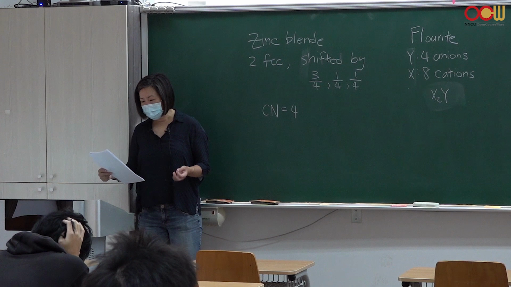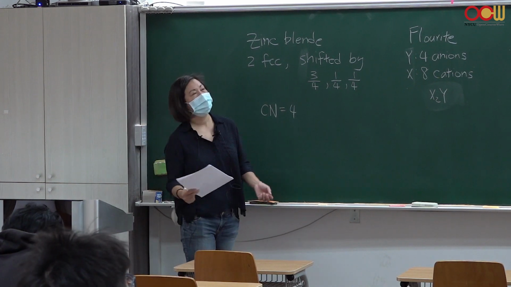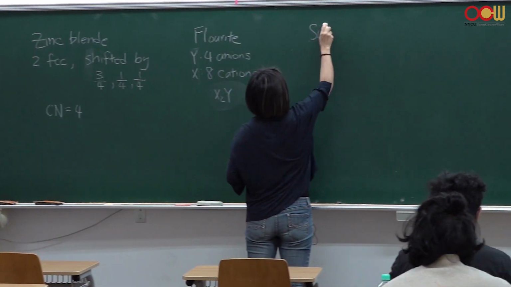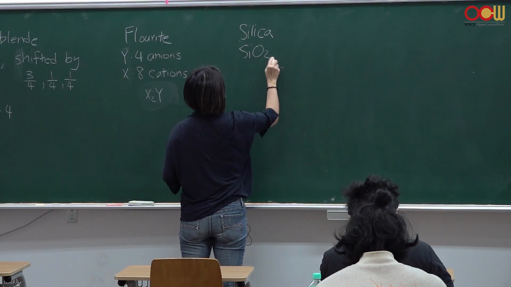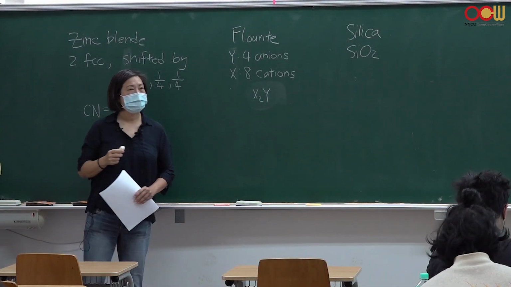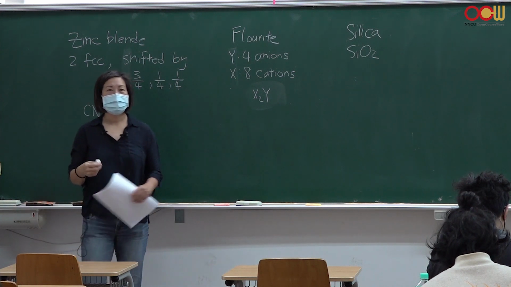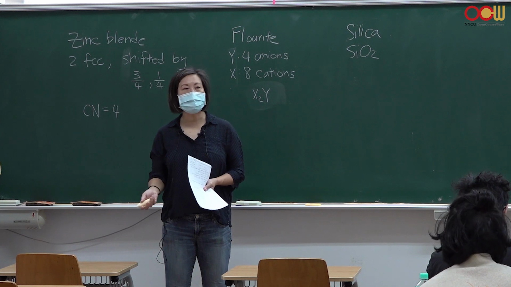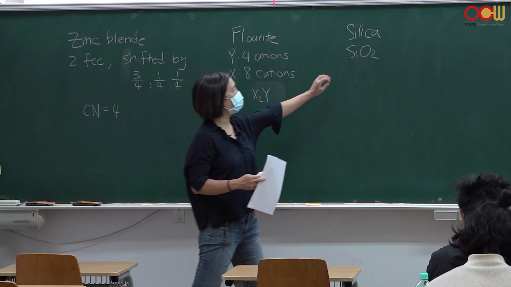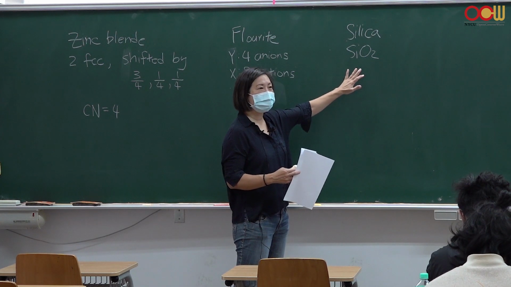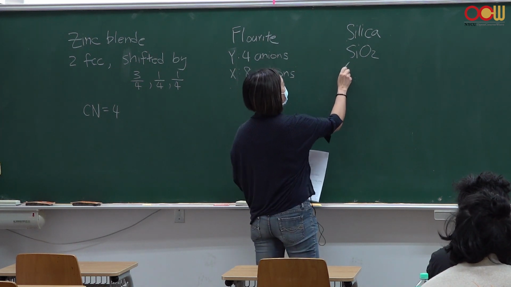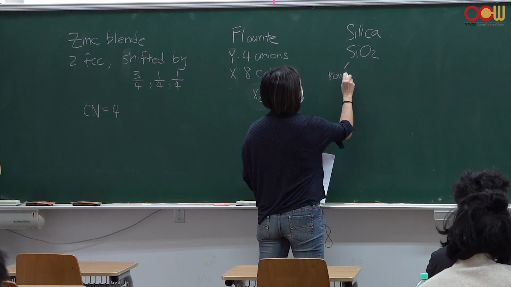So one of the really, really important ceramic materials is glass, or silica, SiO2. And this is one of the most important ceramics that we work with. And any thoughts about whether this is a mostly ionic or mostly covalent ceramic material? So silicon is in row 4.